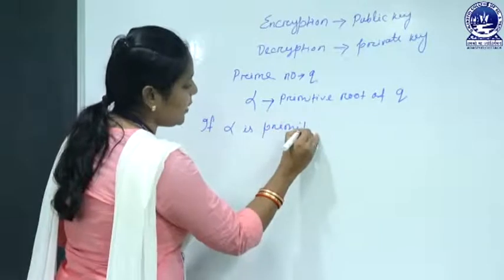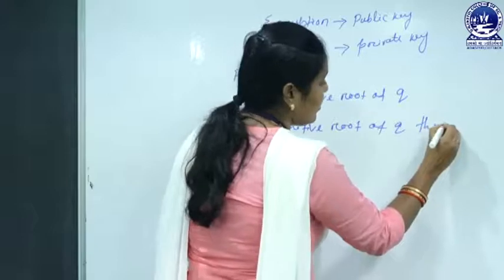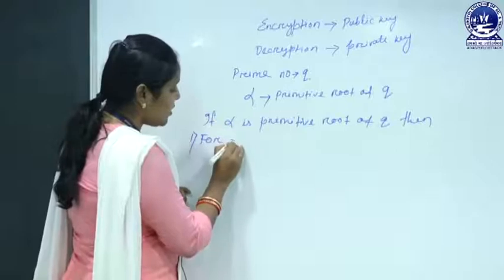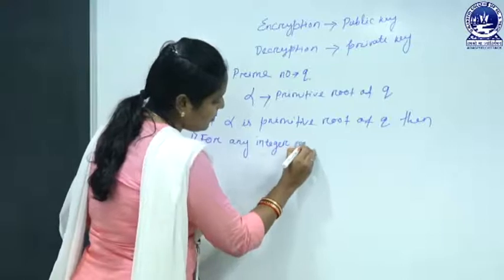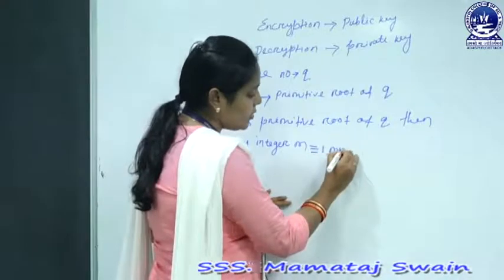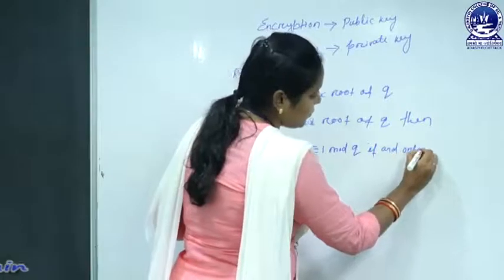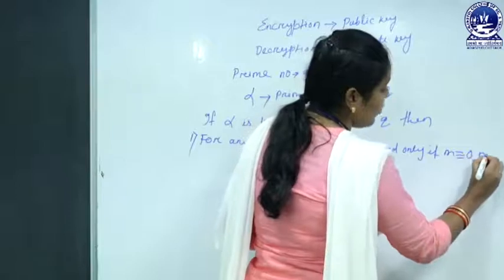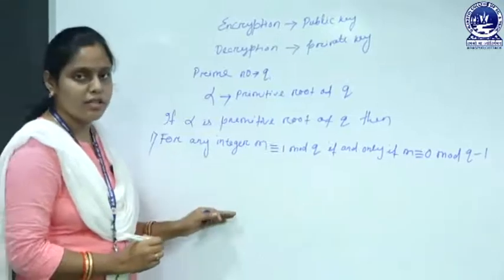If alpha is primitive root of Q, then the first condition is that for any integer m, alpha to the power m is congruent to 1 mod Q if and only if m is congruent to 0 mod Q minus 1. This is the first condition.